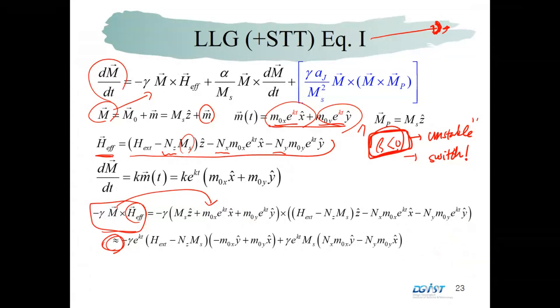In that kind of linear approximation, the surviving part is here. Multiplication of this term and this term will disappear because they are the same g. So with this term, the only surviving term is in this form. And with this term, only this term will survive.